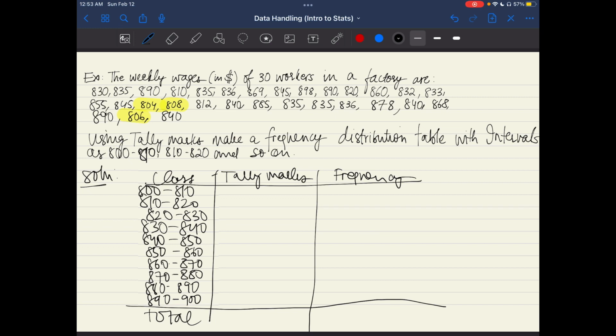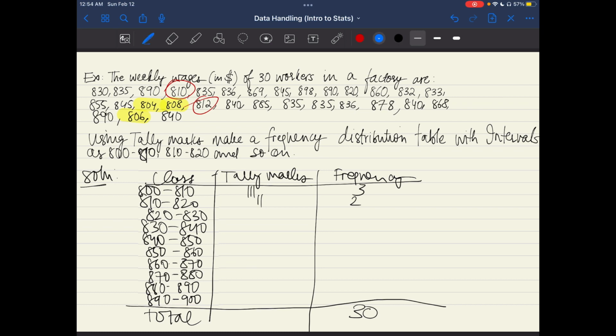So the tally is 3 for this class, and the frequency is 3. And then now let's look at 810 to 820. We have 810, 812. We only have 2, so 2.